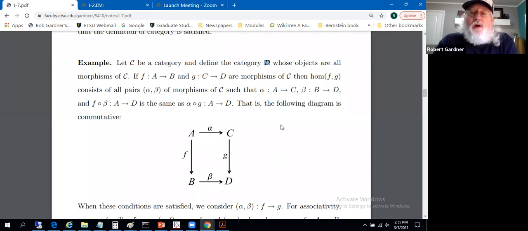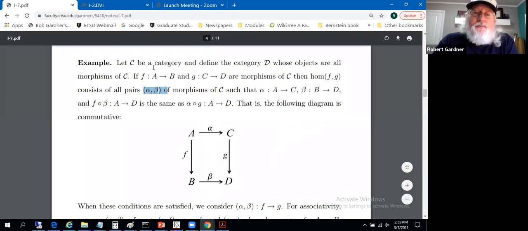So we're considering the pair alpha beta, this ordered pair of morphisms from category C. And we're going to use the pair alpha beta to map morphism f to morphism g.